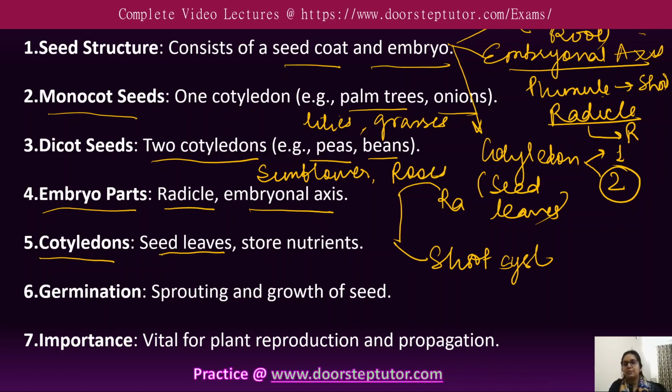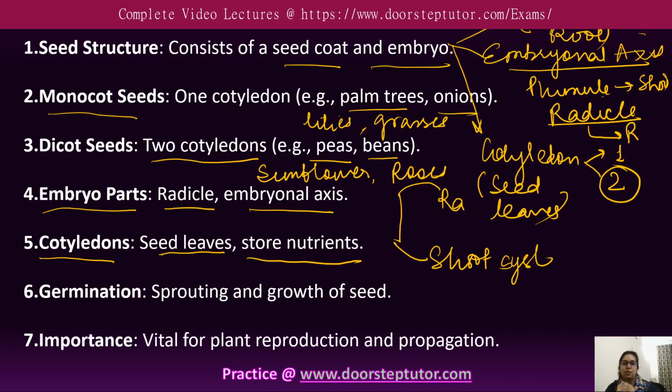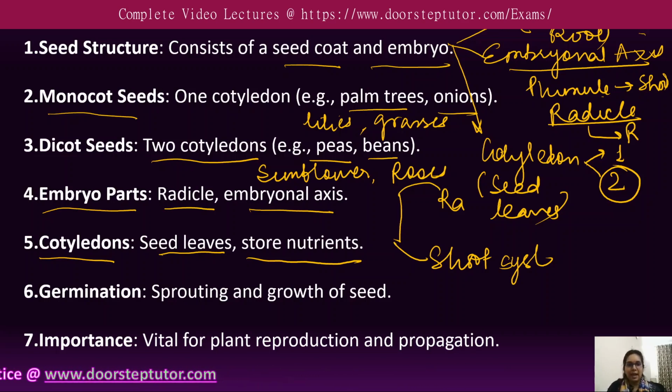In the monocot, there is only one cotyledon, while in the dicot, there are two cotyledons, and these serve as a nutrient reserve for the developing seedling until it can perform photosynthesis. Because if they are very young, they are not mature, so till then they require nutrients. So the cotyledons store the nutrients for the proper germination of the seedling.